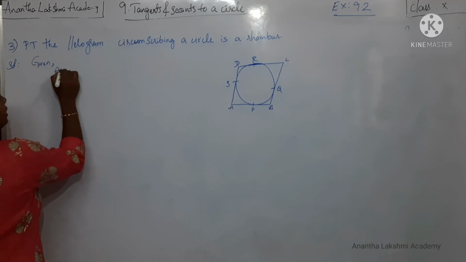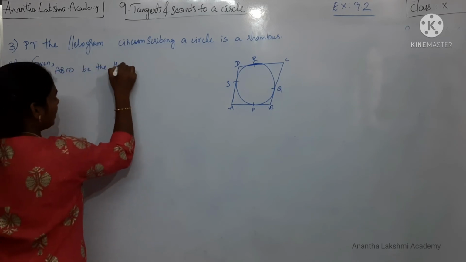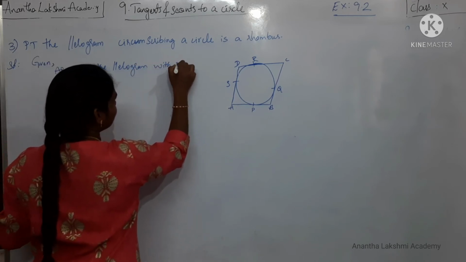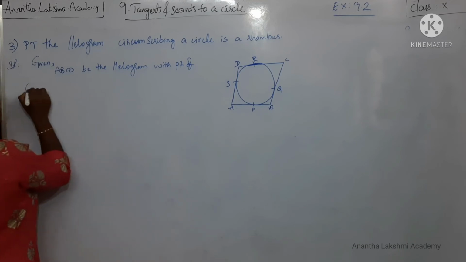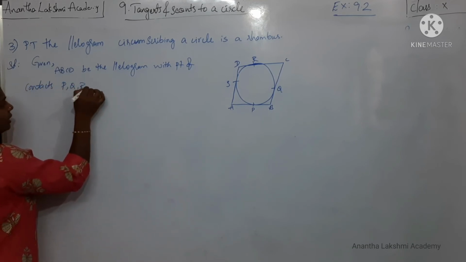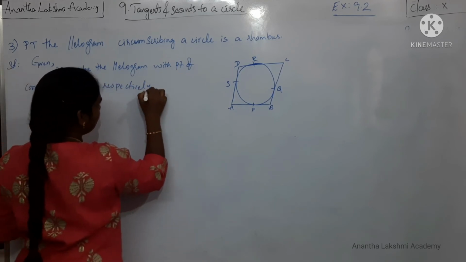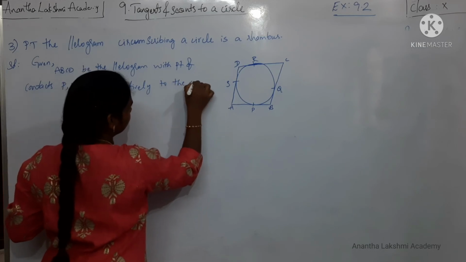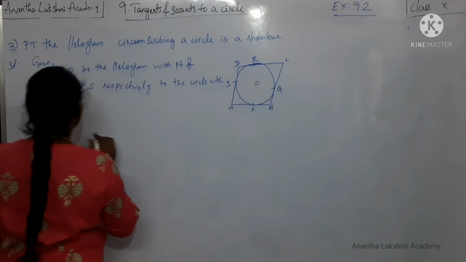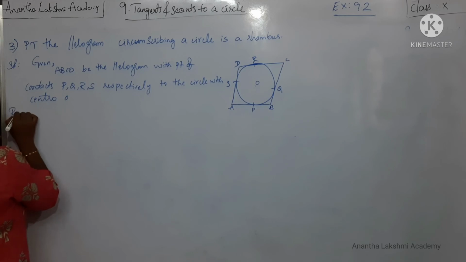Given: A, B, C, D be the parallelogram with the point of contacts P, Q, R, S respectively to the circle with center O. What are we supposed to prove?